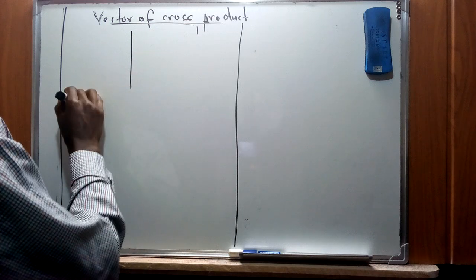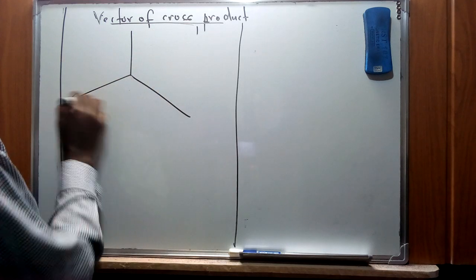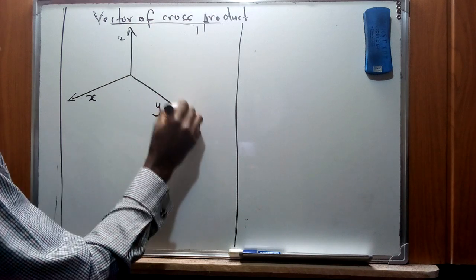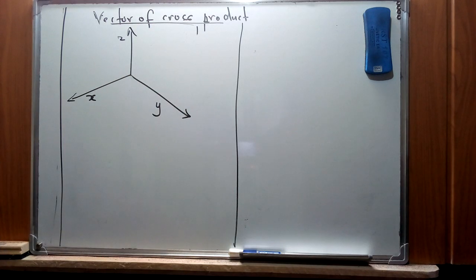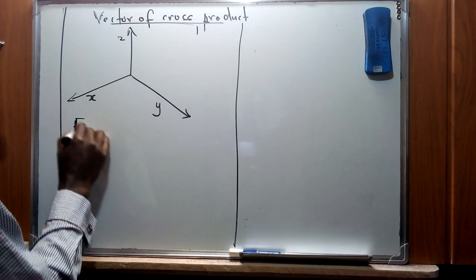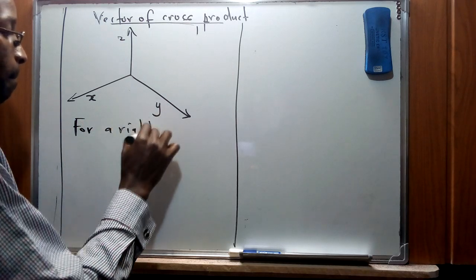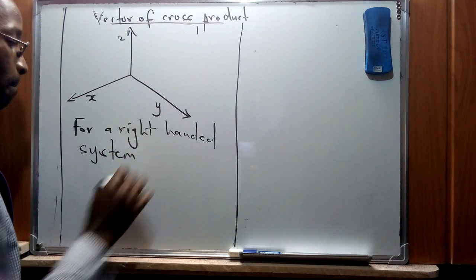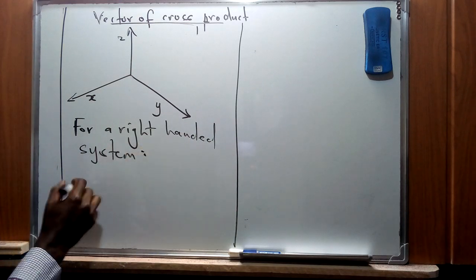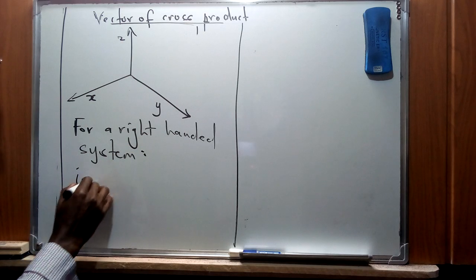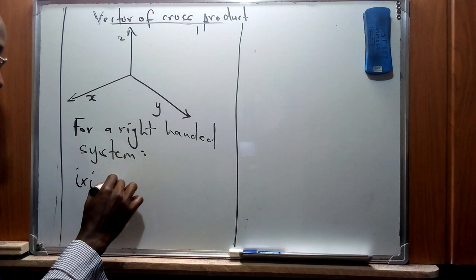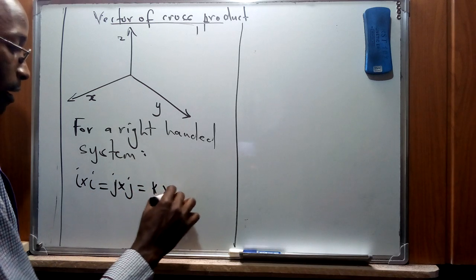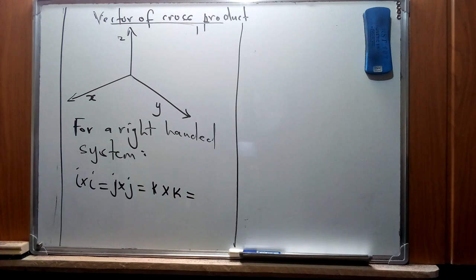So just write this coordinate system that I've mentioned. This is for x, y, and z. And then for a right-handed system to apply, we're going to see that the cross product of these respective components, i cross i, j cross j, k cross k, is going to be 0.